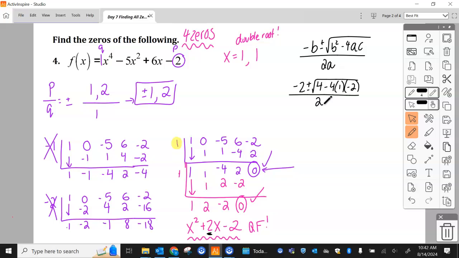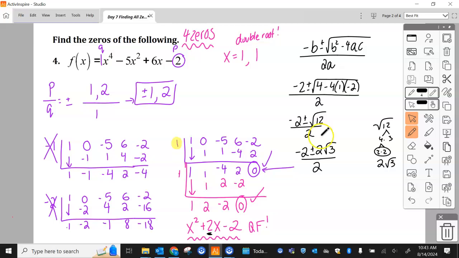Okay, so then we end up with -2 plus or minus square root of 12 over 2. When we simplify our radicals, that becomes -2 plus or minus 2 root 3, right? Square root of 12 is 4 times 3, take out those pairs, just if you forgot how to simplify those radicals.